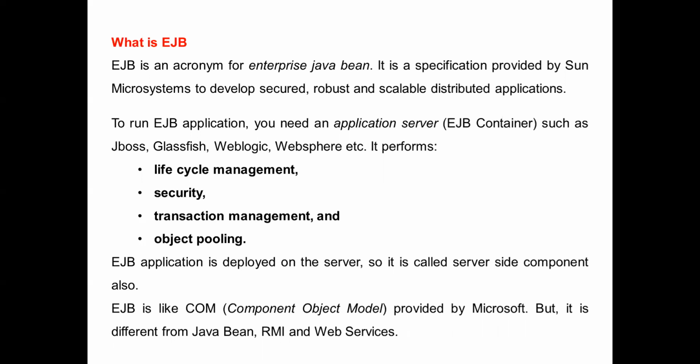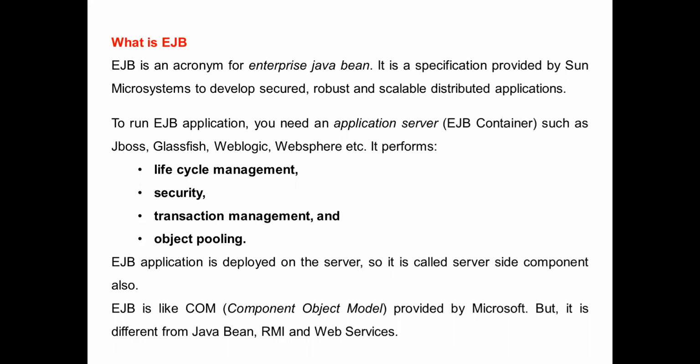In the next slides or next classes, we will see what an EJB container is. EJB containers are, for example, JBoss, Glassfish. In Glassfish, there are three versions, Glassfish 1, Glassfish 3 and so on.